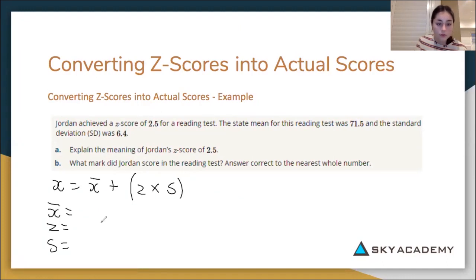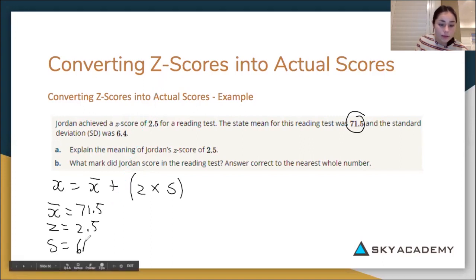So Z score of 2.5. The mean was 71.5. And the standard deviation, which I wrote in the wrong part, was 6.4. There we go. My Z and my S look too similar. It's confusing me. Okay, now I can answer my questions.